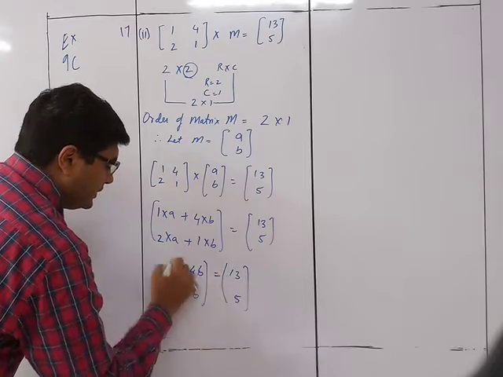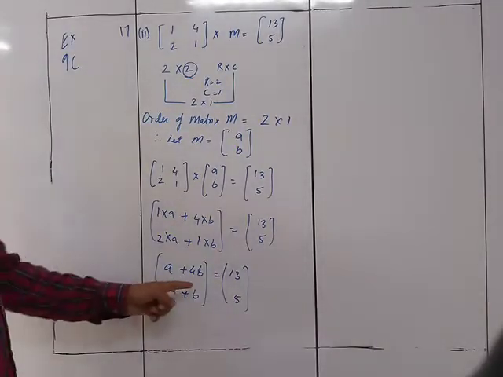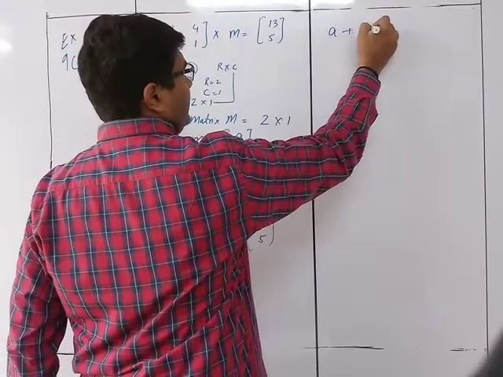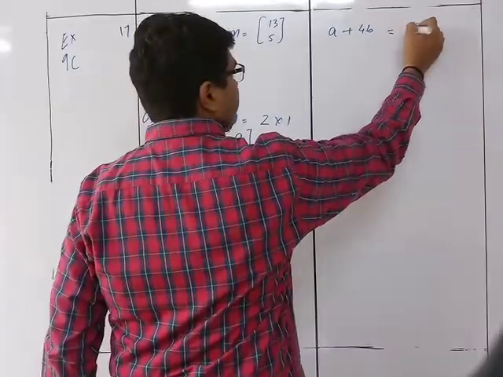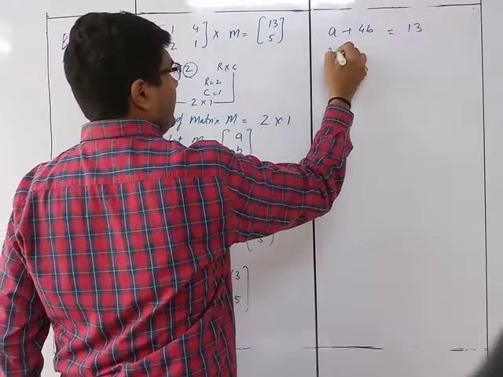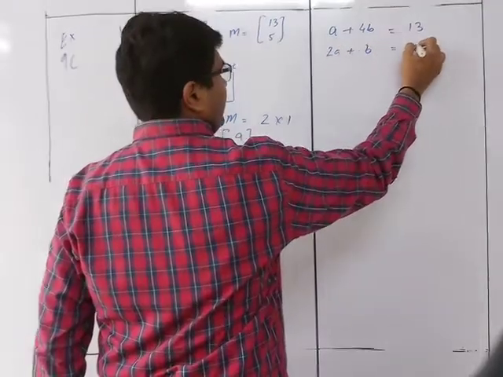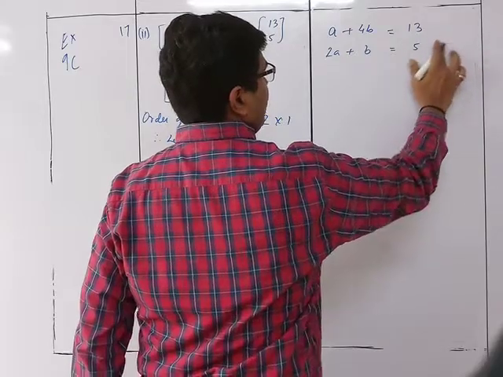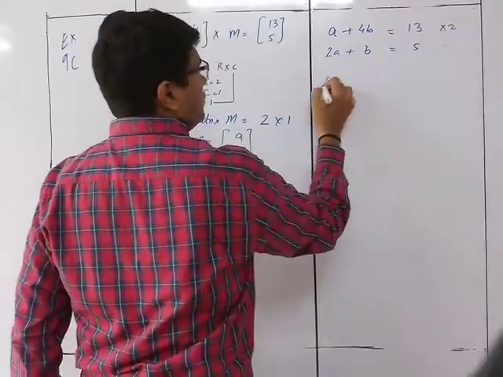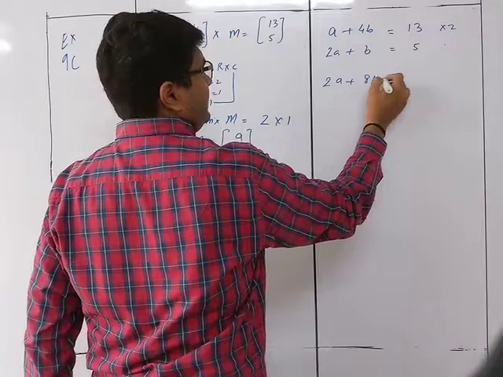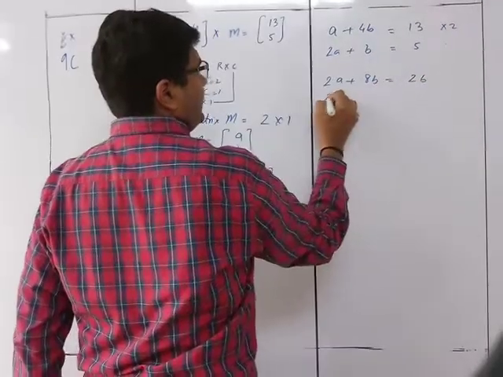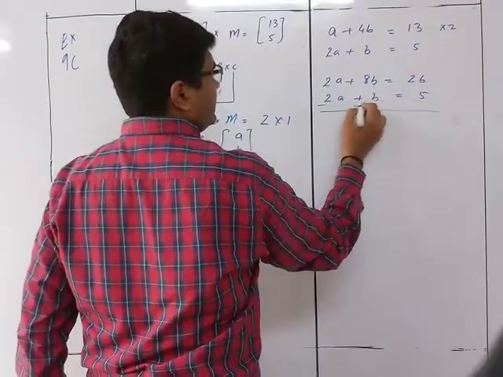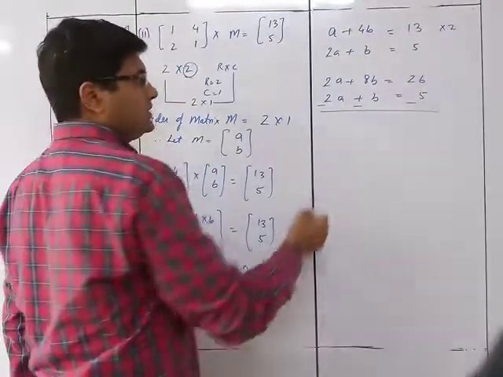This is the resultant matrix. Accordingly, we have the two equations over here. First equation is A plus 4B is equals to 13 and second equation is 2A plus B is equals to 5. I multiply this by 2 to make it 2A plus 8B is equals to 26 and 2A plus B is equals to 5. Subtracting the two, that's simultaneous equations.